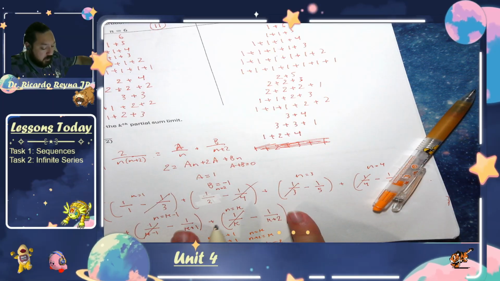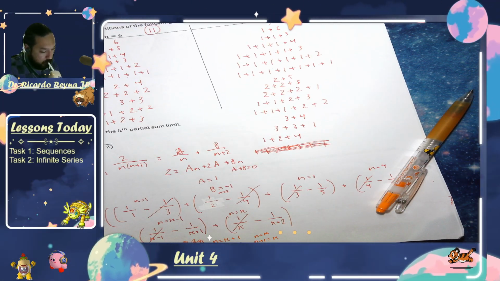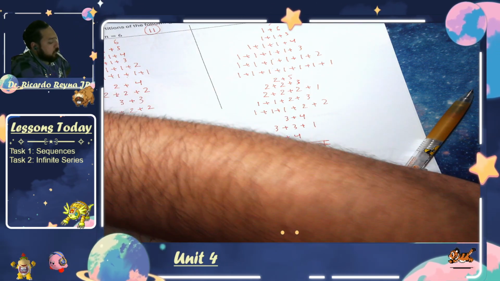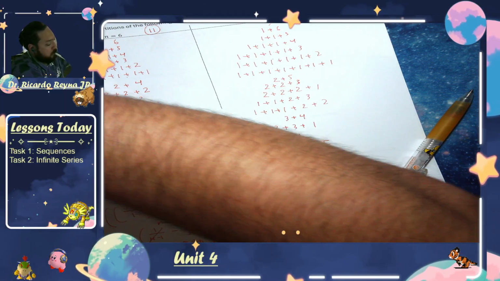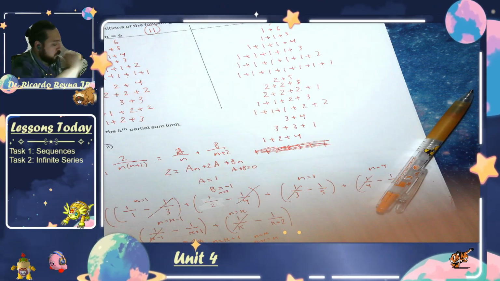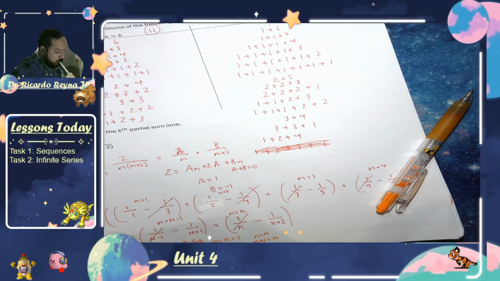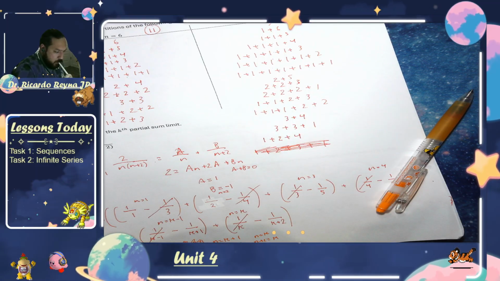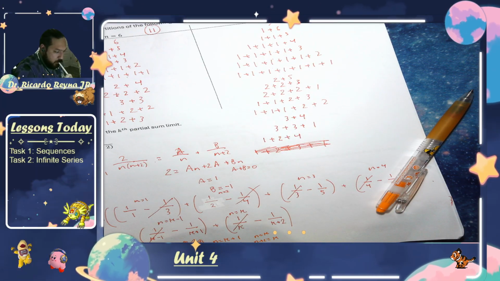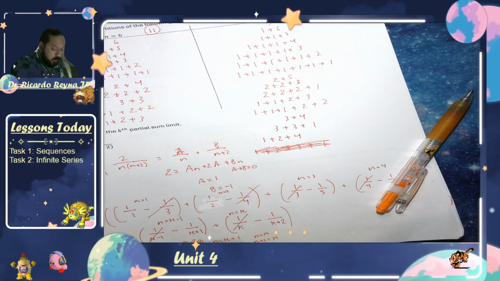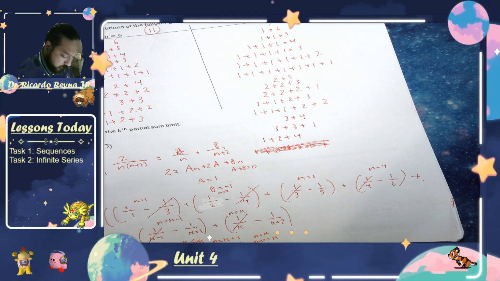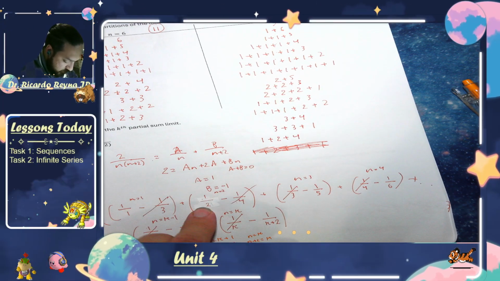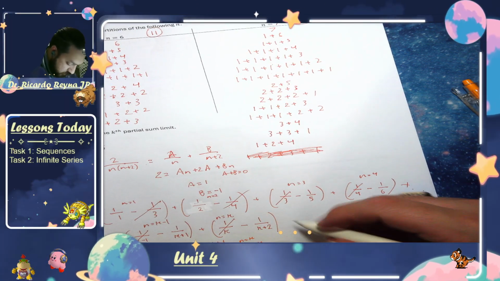And we're just left with these two. So if we're left with those two, that means we have the following. So we have these two stay and these two stay.